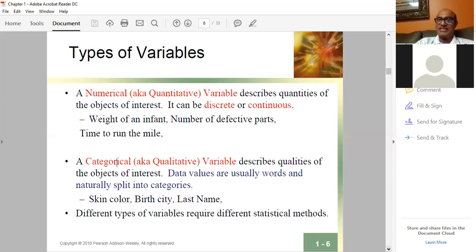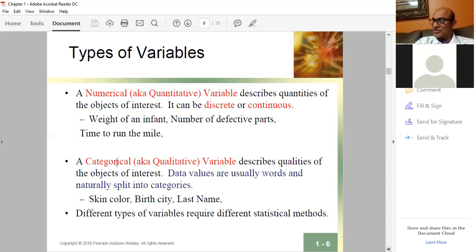A numerical variable describes the quantities of the objects of interest. Again, it could be discrete or continuous, because the numerical variable is defined through the data set. So, weight of an infant, number of defective parts. See, number of defective parts. You cannot say 1.5 parts are defective.